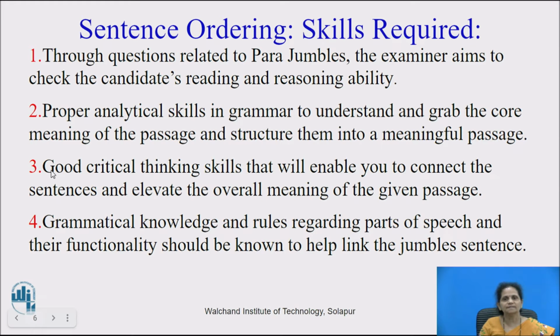The third skill required is good critical thinking, which will enable you to connect the sentences and elevate the overall meaning of the given passage. And the last one is grammatical knowledge; the rules regarding parts of speech and their functionality should be known to help link the jumbled sentences.